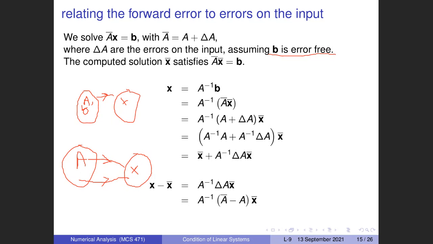So we have another matrix, which is A bar. So A bar is here, and here we have an X bar, so it's still very badly drawn. But I hope you kind of get the picture. So we have the forward error at the right, and we want to correlate this with the backward error.